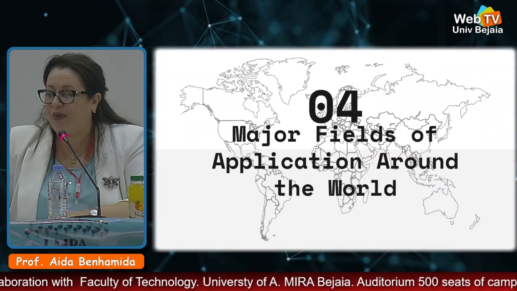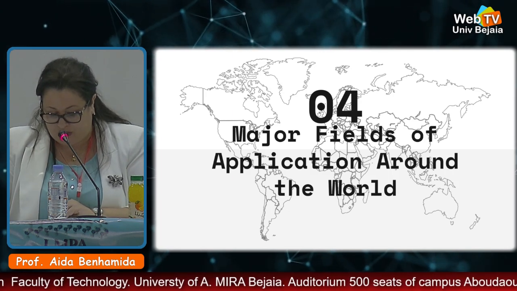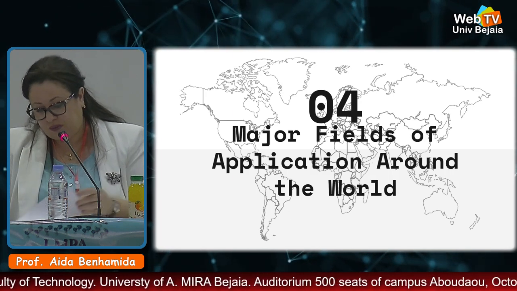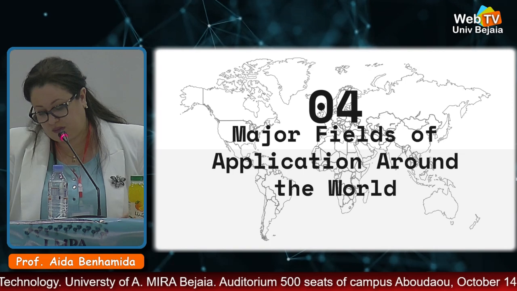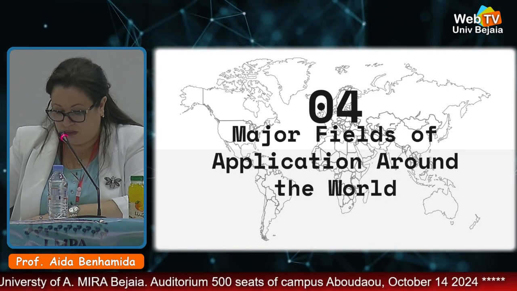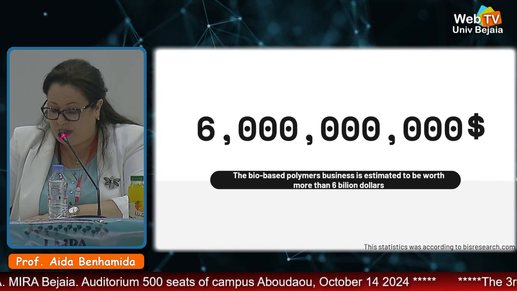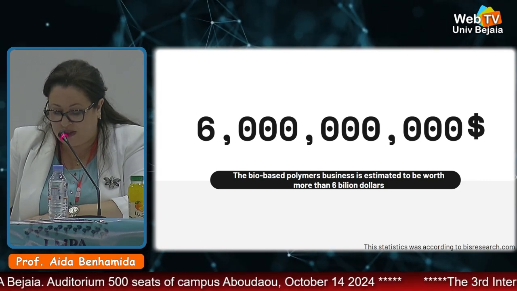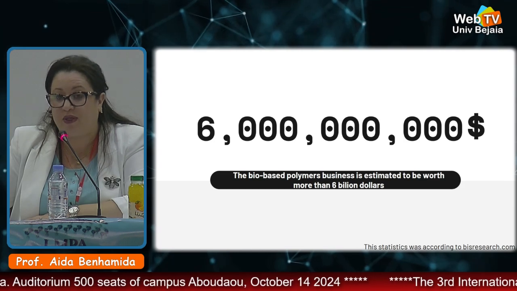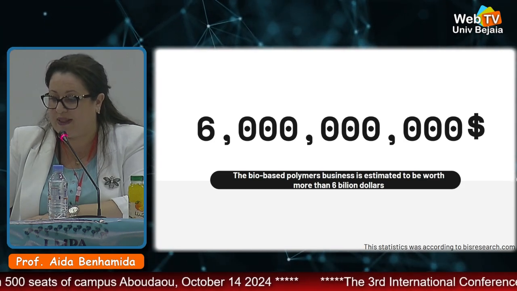Now I'm moving to the major fields of application of these bio-based materials around the world. Before we mention the major fields, we must draw your attention to the fact that the business of bio-based polymers is estimated to be worth more than $6 billion.